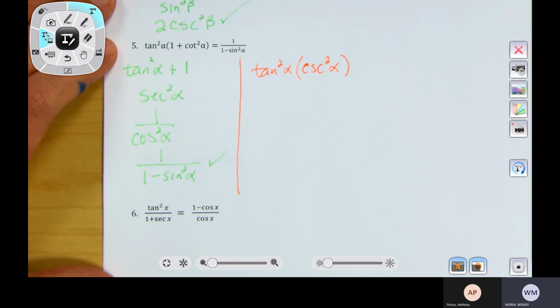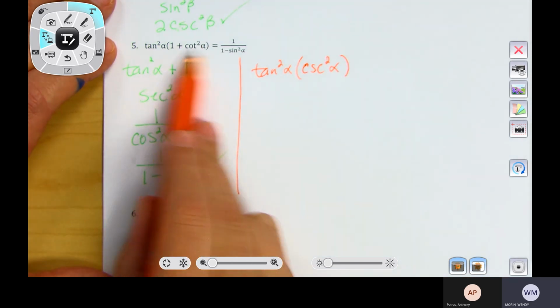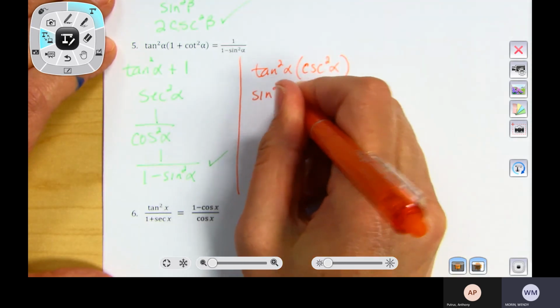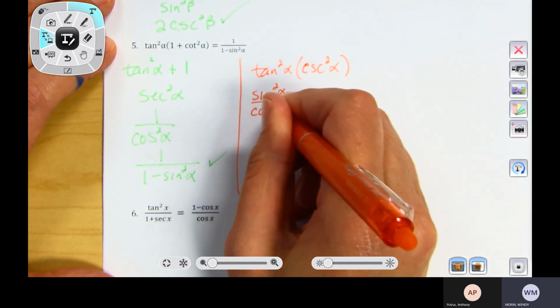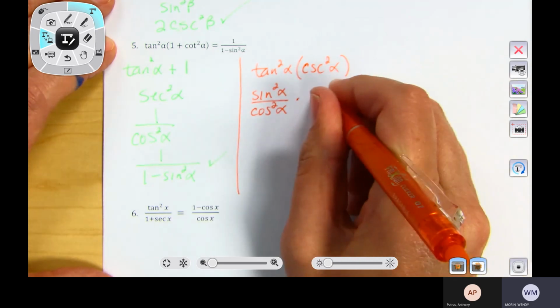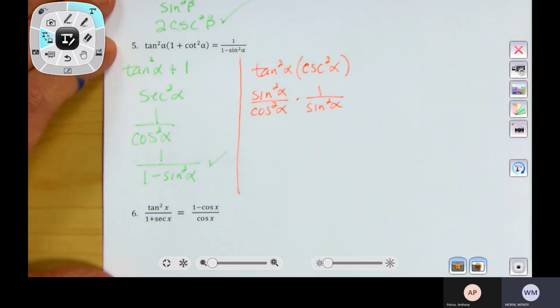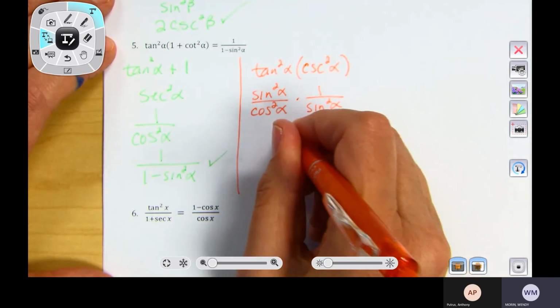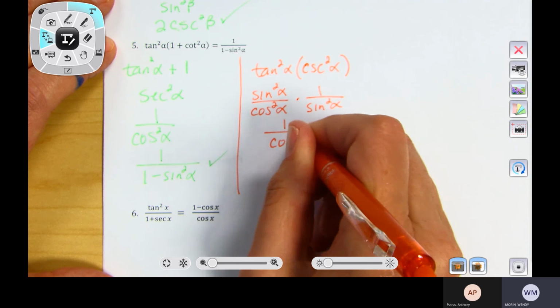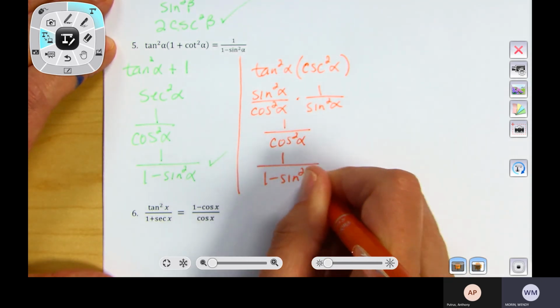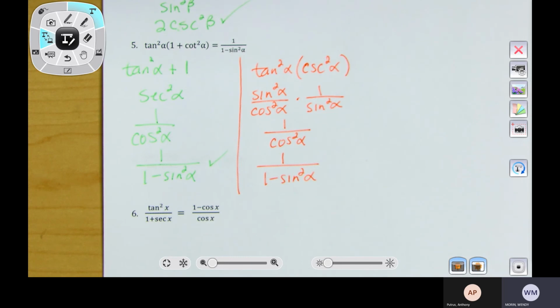Okay, if you don't do steps in your head, write it down, okay? So are we okay with seeing this is this? Okay, so then you told me that tangent squared is sine squared over cosine squared. And then you were trying to tell me that. So that gets me to the same result, doesn't it? So there's option number 2.